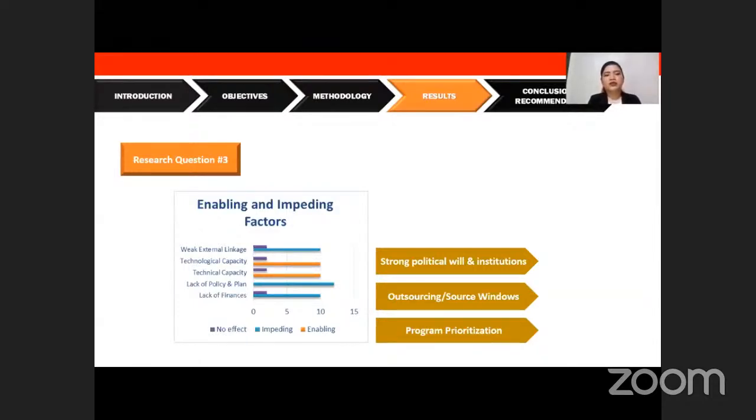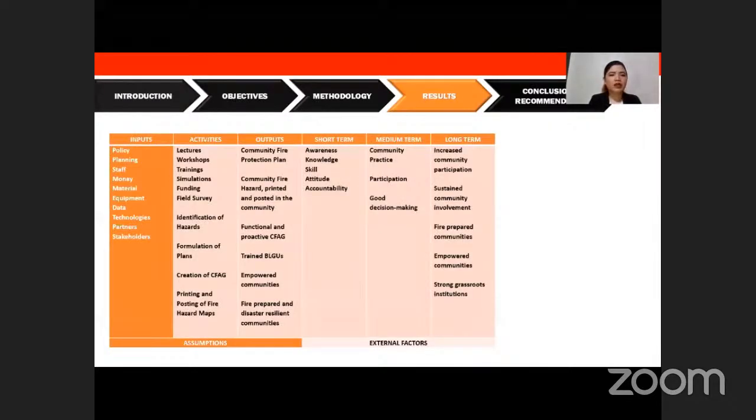However, the lack of policy or plan is an automatic impeding factor that affects the implementation of the fire prevention and risk reduction measures of the BFP. For our logic model technique, it is believed that the inputs necessary for the effective and efficient implementation of the fire prevention and risk reduction measures include the following.